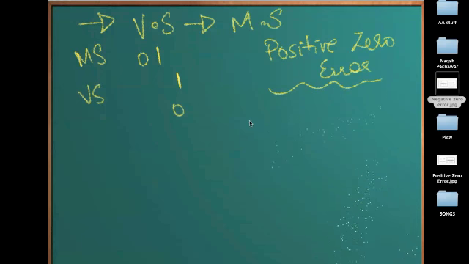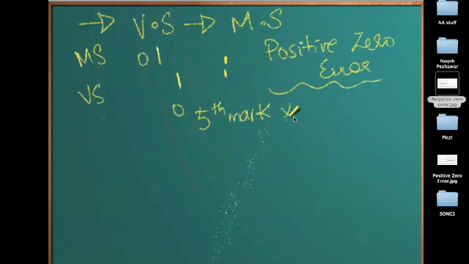You will find out the zero error in the same manner. You will see which mark is coinciding perfectly with a mark on the main scale. You will take that mark. For example, if I say this is the 5th mark, you will multiply it with the accuracy and you will get your zero error.